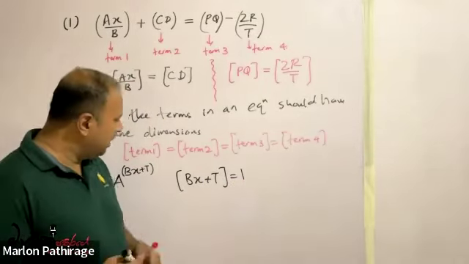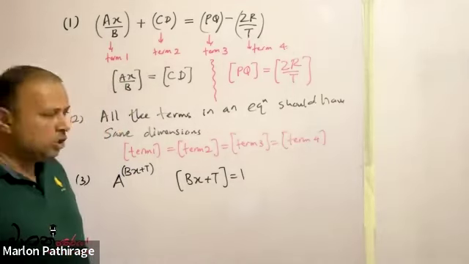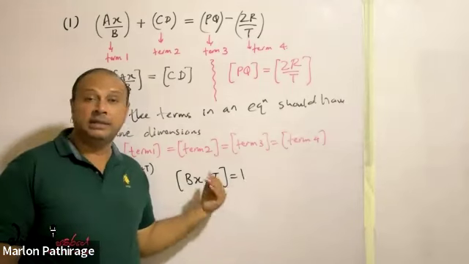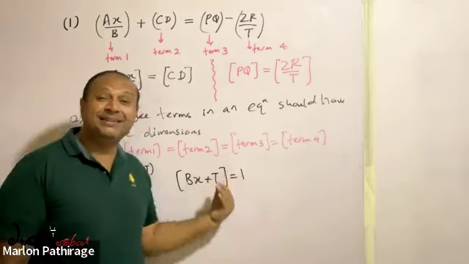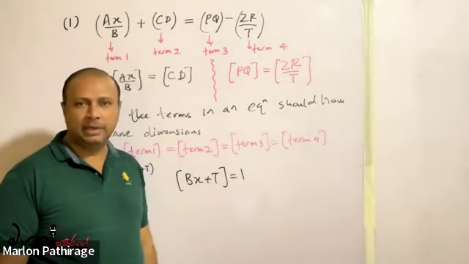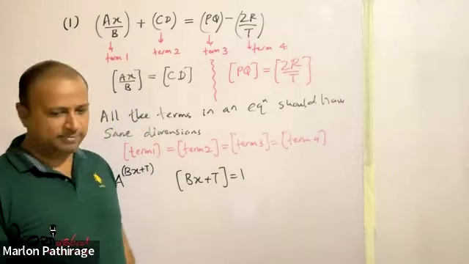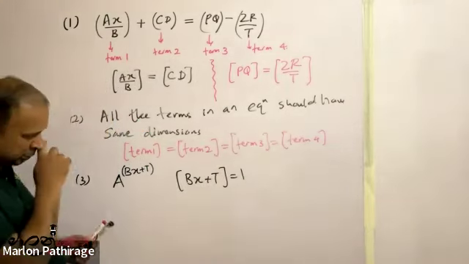Normally we can write it in words, but when you are doing calculation, you can use 1 instead of no dimension.